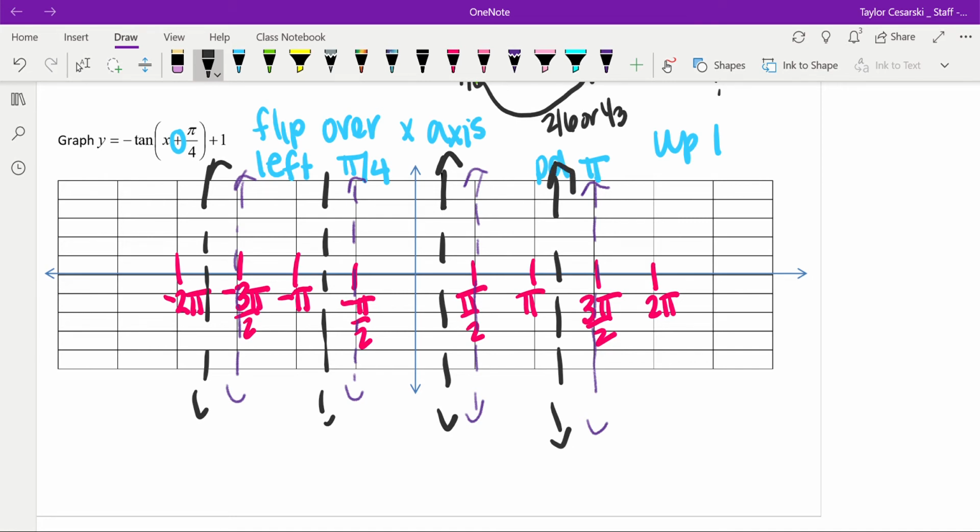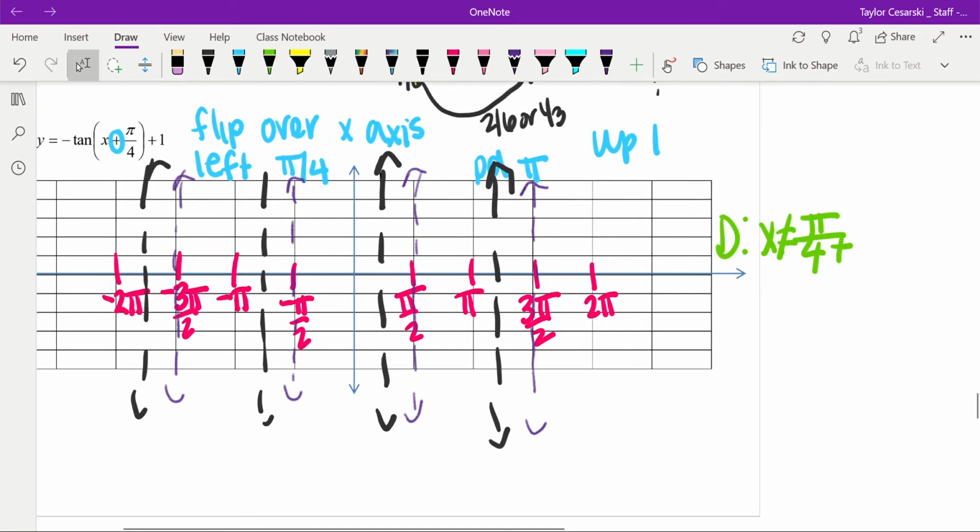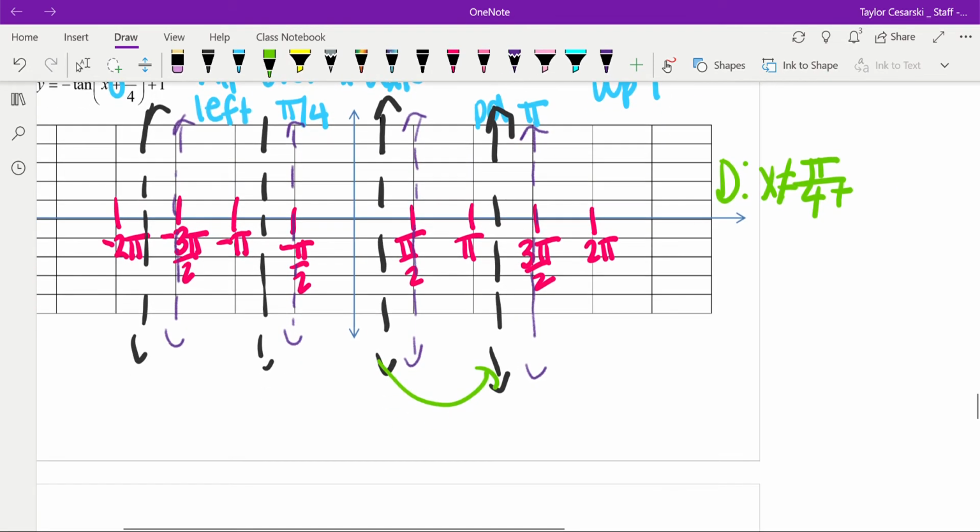Okay, so my domain, therefore, will be x cannot equal pi over 4 plus, okay, so how long did I take to get to the next asymptote? Well, my next asymptote is going to be, so this is 1/4, and then this is going to be, let's see, in between pi, which is a whole, and 3 pi over 2, so that's going to be 3 pi over 4, no, 5 pi over 4, 5/4, okay?